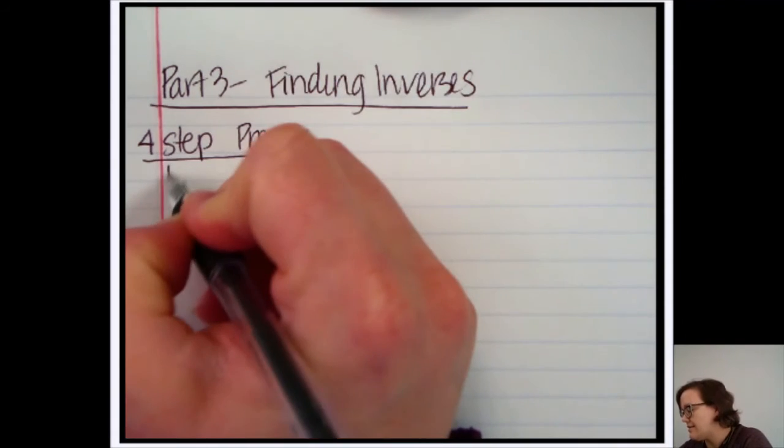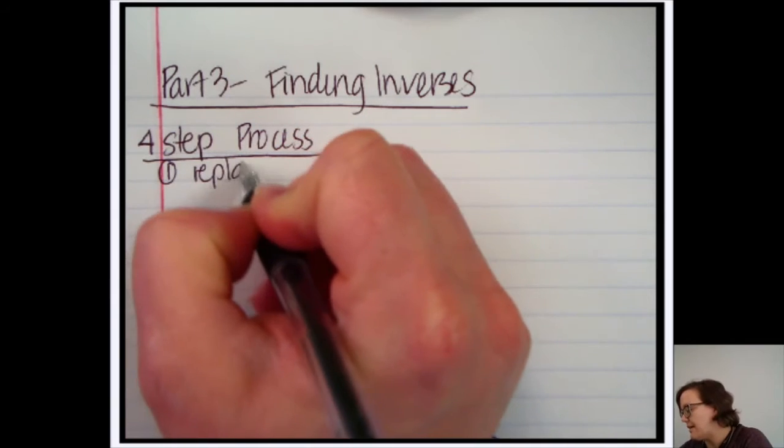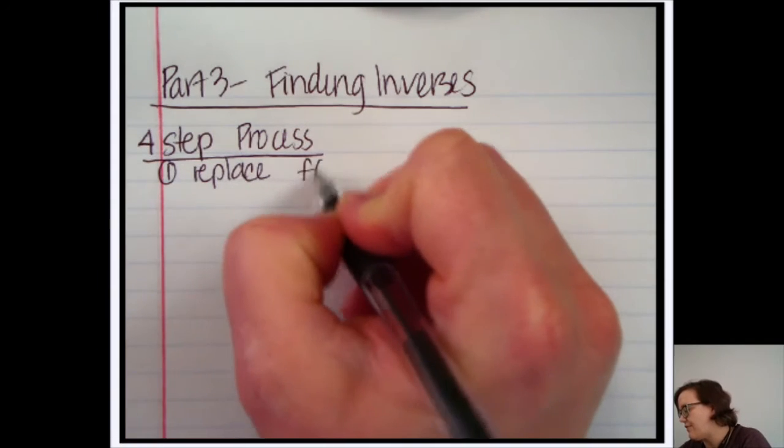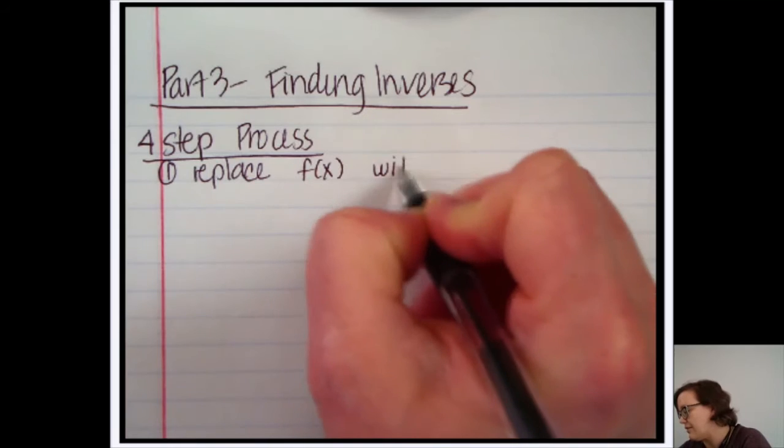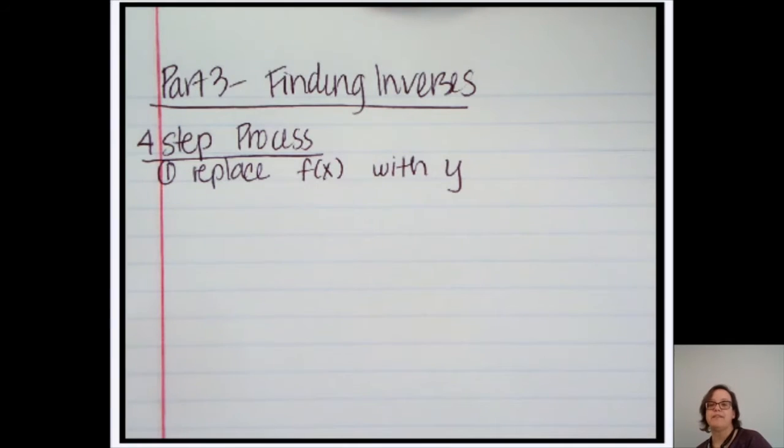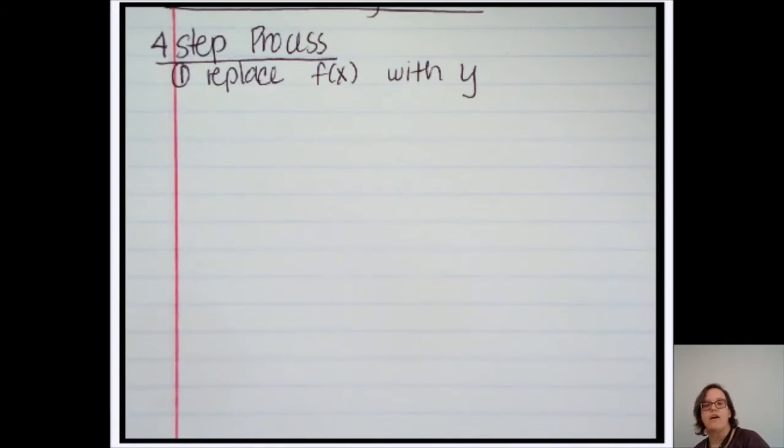Step one is a replacing step. We just replace f of x with y. If you'll remember from our previous discussions, that is all f of x means. It just means y. We use it with functions, but now we need that y so that we can solve for it in just a second.